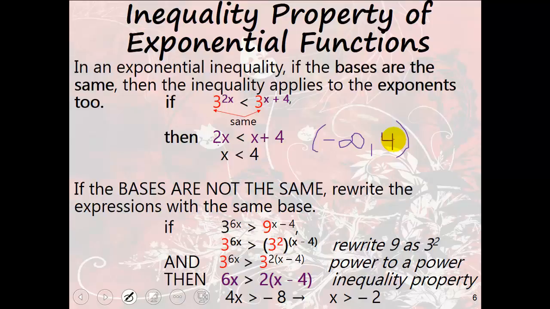Then I applied my power to a power and multiplied these two exponents together. But notice what I did: instead of an equal sign, because this is greater than, that means that 6x has to be greater than 2x minus 4. So that means I subtract 2x from both sides. 4x has to be greater than negative 8. X has to be greater than negative 2.